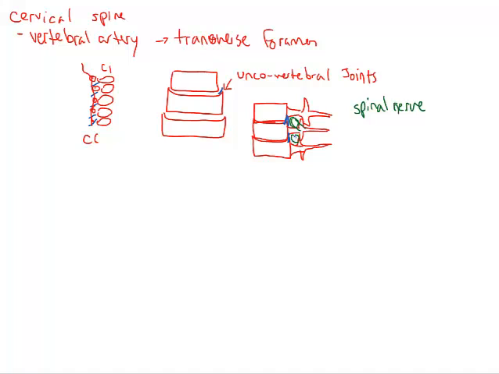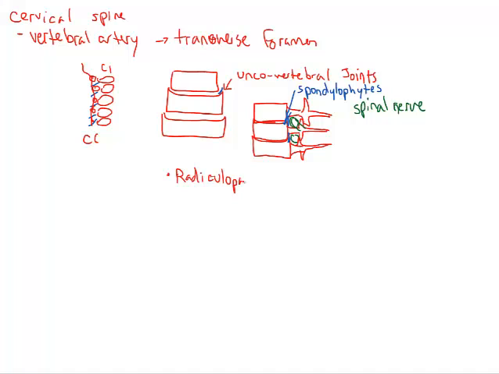And what that'll do is it'll put pressure on your spinal nerve. So the spondylophytes, again, just bony masses that come out, they start to impinge on this spinal nerve. And this can actually cause something that I'm pretty sure most of you are familiar with. It's radiculopathy.